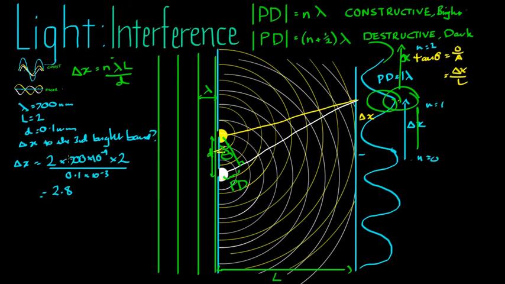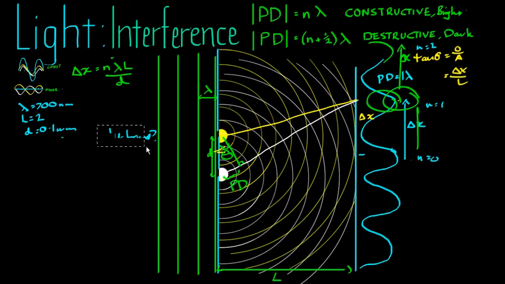Now dark bands are a little bit different. If we leave those parameters up, delta x to the fourth dark band. Well, we know that dark bands occur halfway between each bright band.